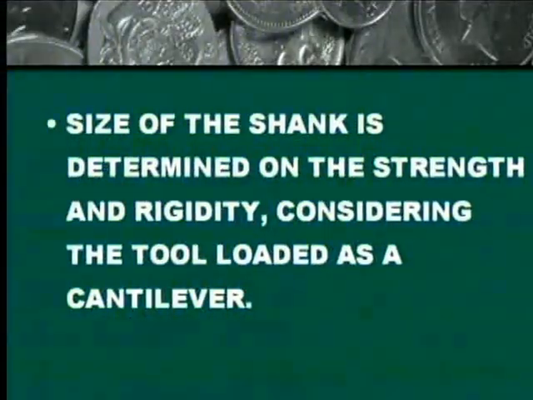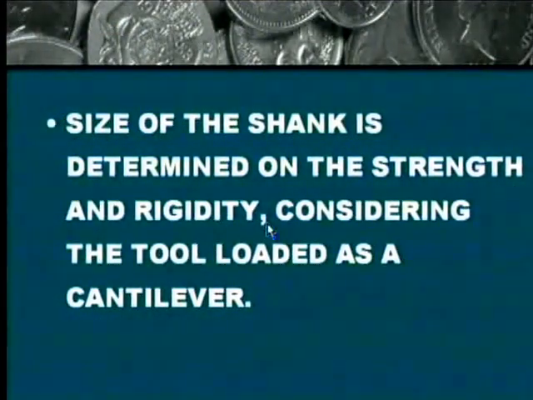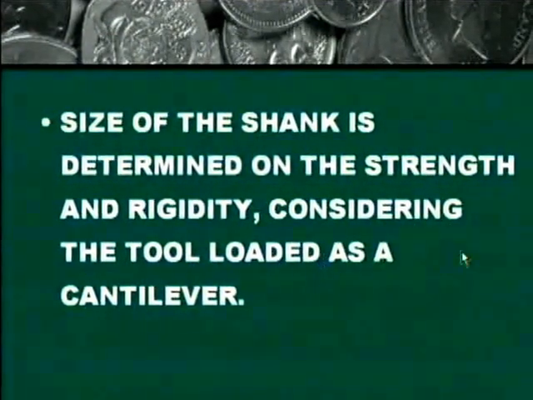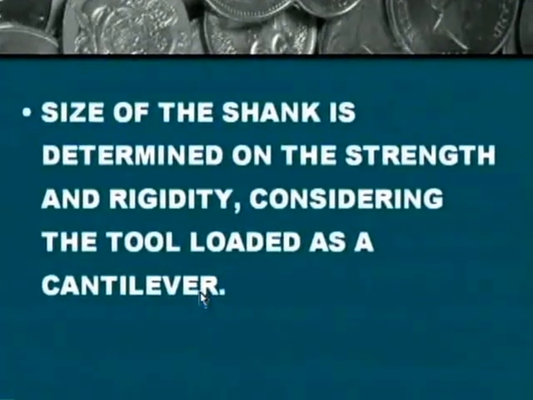Size of the shank is determined on the strength and rigidity considering the tool loaded as a cantilever. First of all, the tool will be assumed as loaded as a cantilever beam. It is a turning tool, you know.